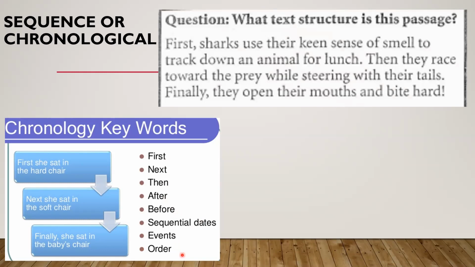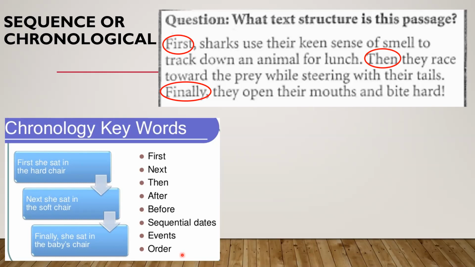So the keywords that we look for are first, then, and finally. Just these 3 words tell us in what order these things are happening. So first, the sharks use their keen sense of smell to track down an animal.